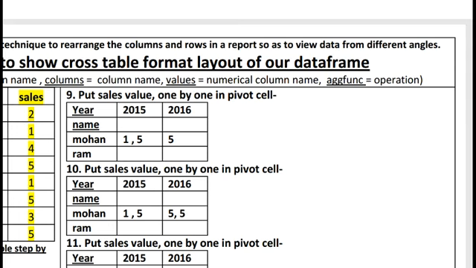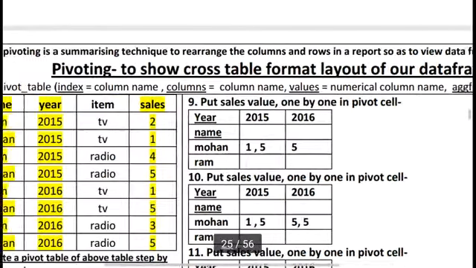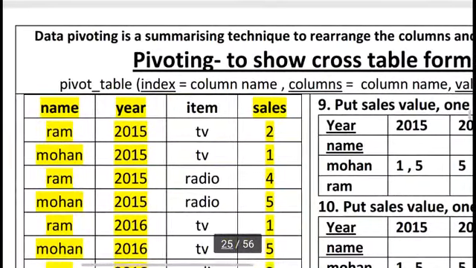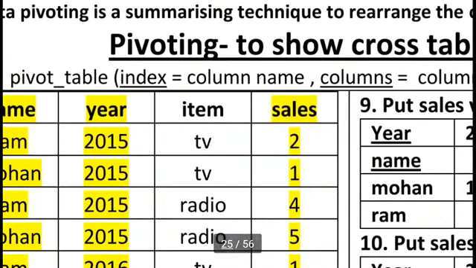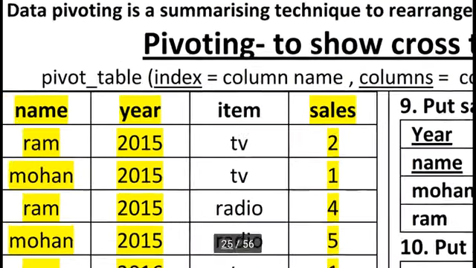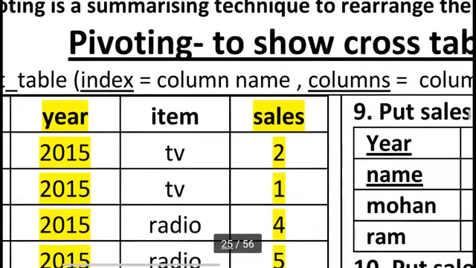So Python provides a very important function, pivot_table. This is a simple function. Last time I used sort_values, but here our purpose has changed, so I am using pivot_table. Here I write index equal to column name, which column I want to put in rows.